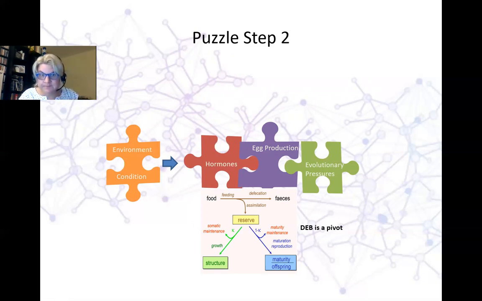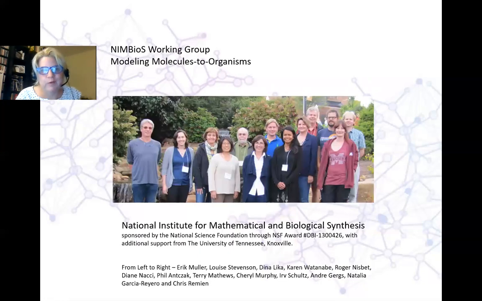And to do this, I didn't do it by myself, that's for sure. I've been working with this wonderful group of people through the NIMBioS working group, Modeling Molecules to Organisms, that was sponsored by the National Science Foundation. And so all of these wonderful people have contributed a lot of time and effort into this.